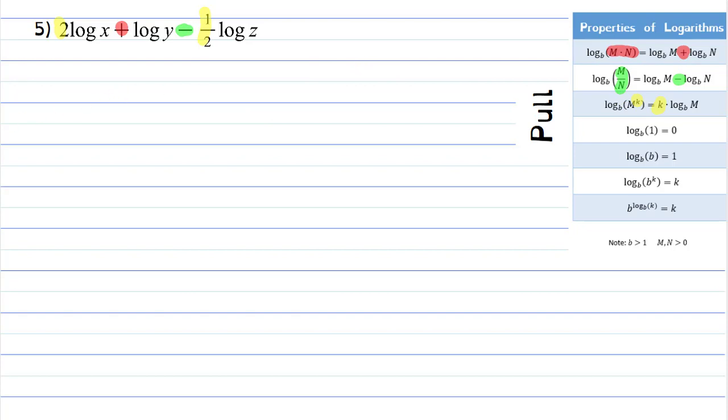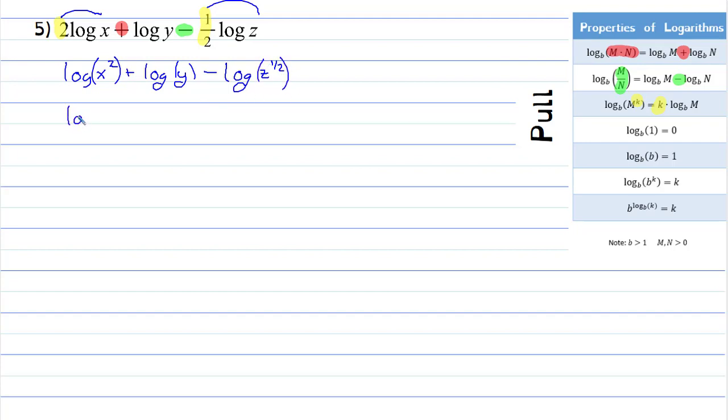So moving things around, first remember exponents. So log base 10 of x squared plus log base 10 of y minus log base 10 of z to the 1/2 power. The reason I don't have to write the 10 is it's understood as the common log.